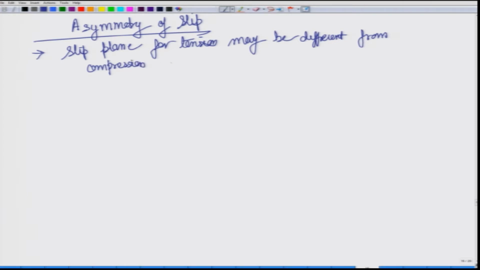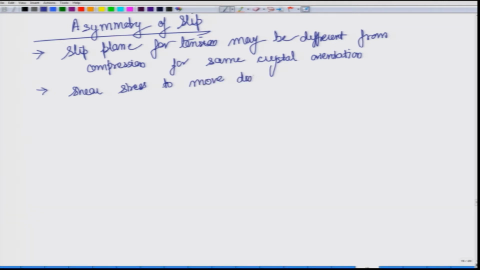So, even in the same orientation, for the same crystal orientation, this may be different, and of course, the resistance on different planes is different, which would mean that the shear stress to move a dislocation is not the same in forward and reverse direction.